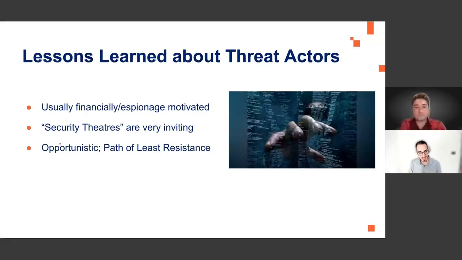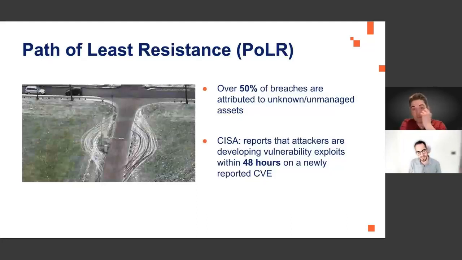Which leads to the next super important concept, maybe the most important concept we'll discuss today, which is path of least resistance. And that's the principle, from my perspective, behind attack surface management, attack surface protection.